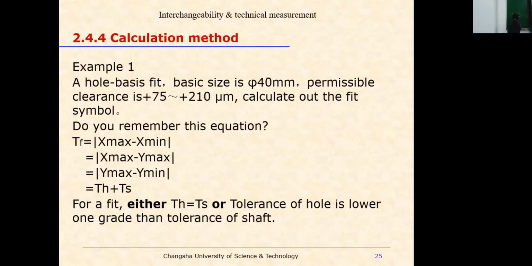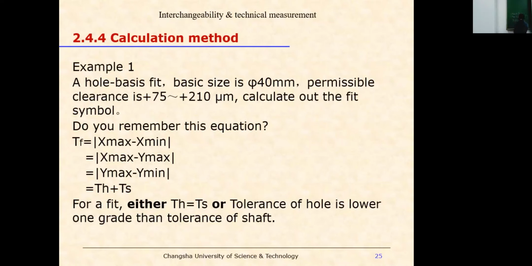It means that TH equals TS. The Y maximum equals the Y minimum. So it is 1 chain minus 75.